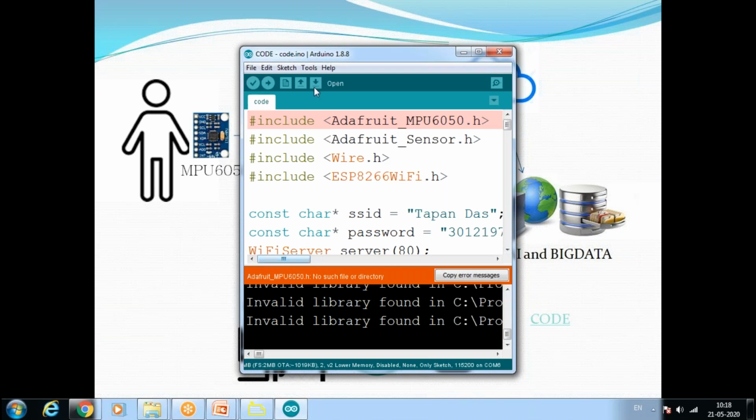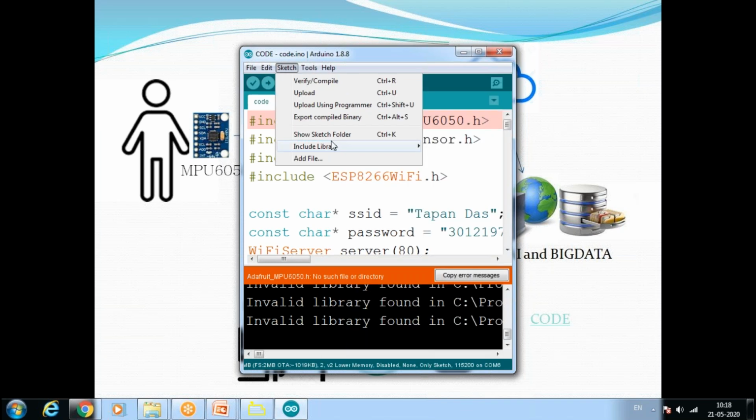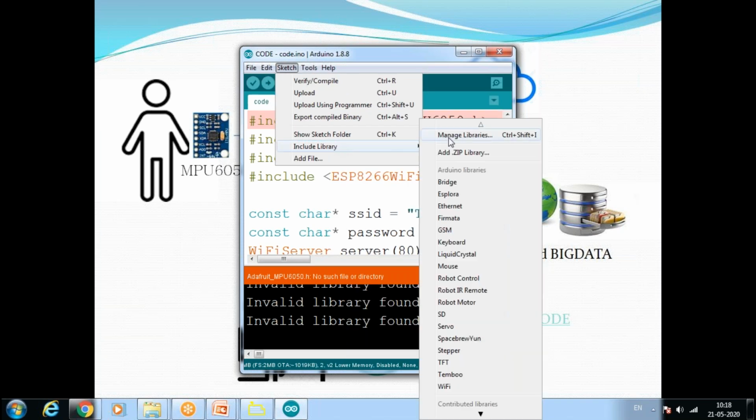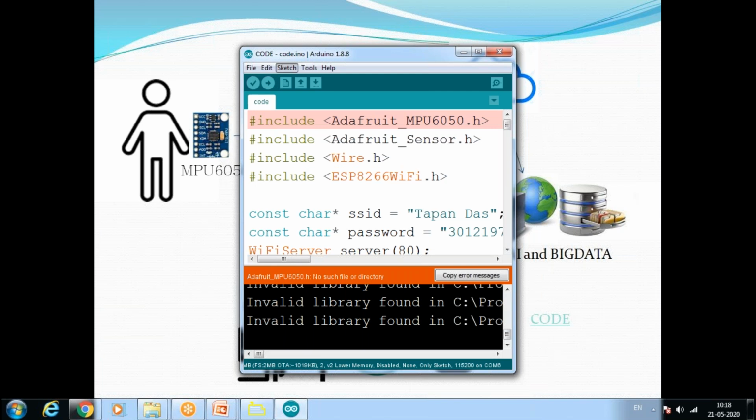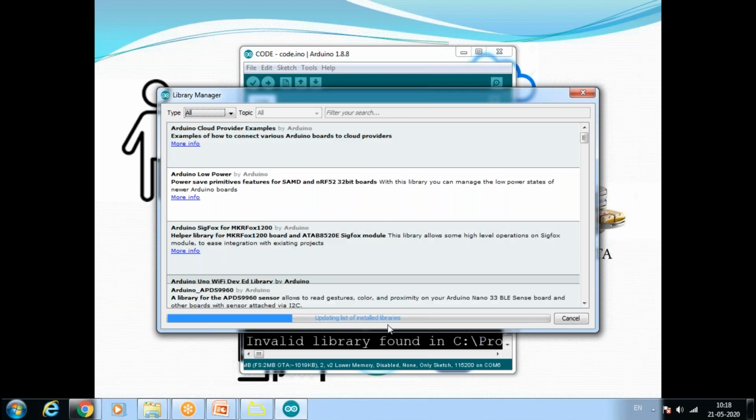So what do we have to do? Tools, Sketch, Include Library, Manage Libraries. It will collect the information.